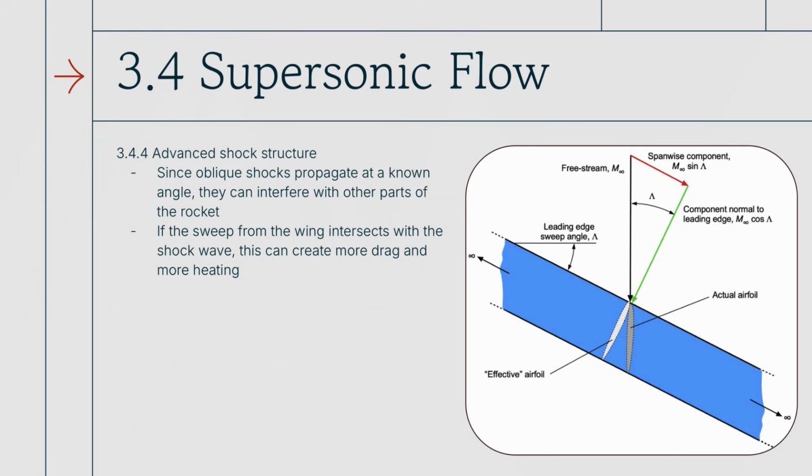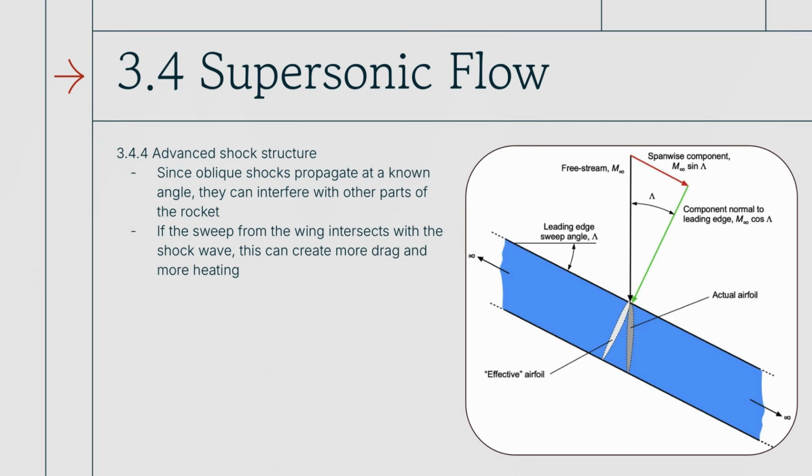What this means is that the flow approaching your wing is actually slower than the free stream flow. So a little bit of vectors. This is your main vector. The black one is the main vector showing the velocity of your flow. Because the wing is swept at an angle, you can decompose the span-wise and chord-wise vectors of that flow.